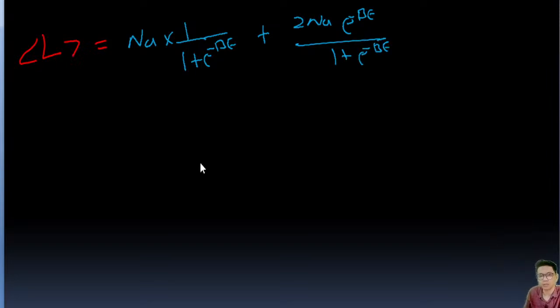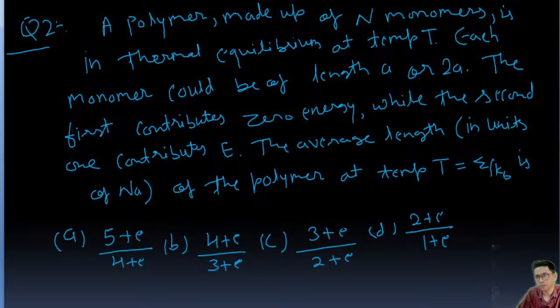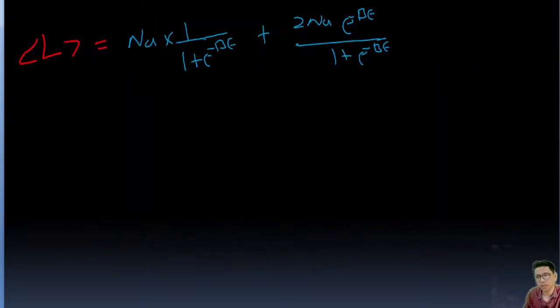Okay, this is the one. Now the average length we need to find out at temperature T equal to epsilon upon K.